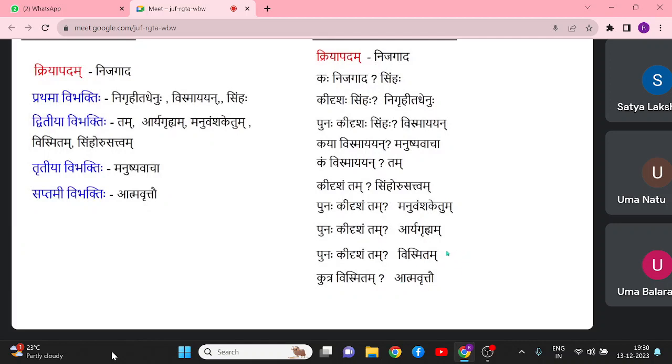So Atmavruttau Vismitam. If you can think of anything else instead of Kutra, think and let me know. Can we say Kasyam? Kasyam Vismitam. Kasyam is yes, and Atma Vritti logically, speaking technically, yes. Kasyam Vismitam Atma Vrittau, matching the Vibhakti. Mitam bhutva vismitam.